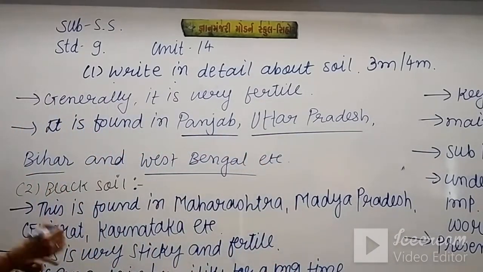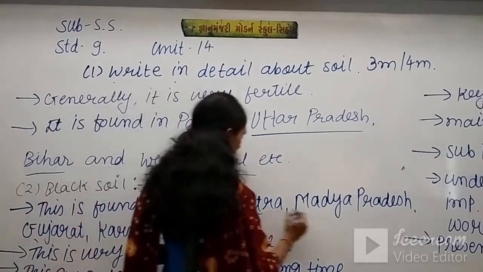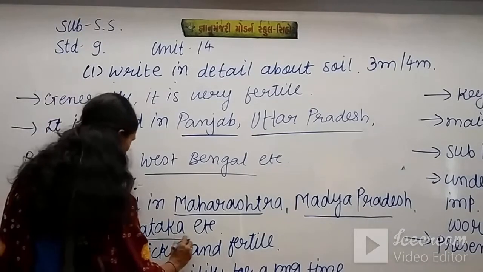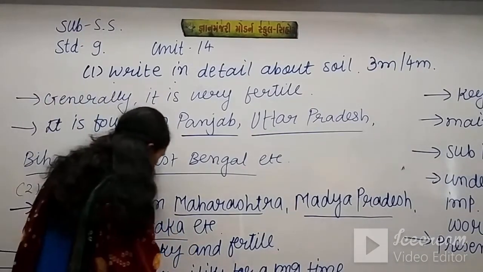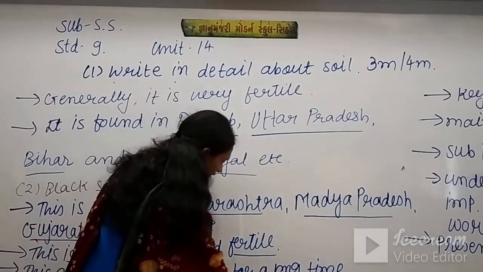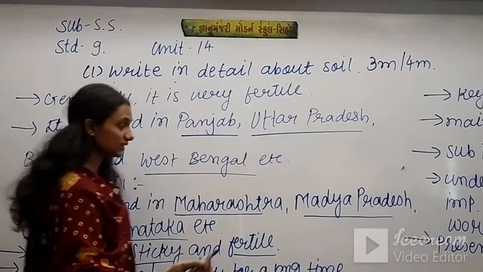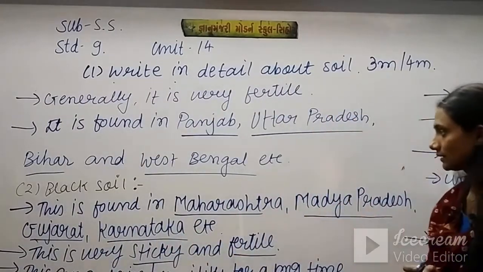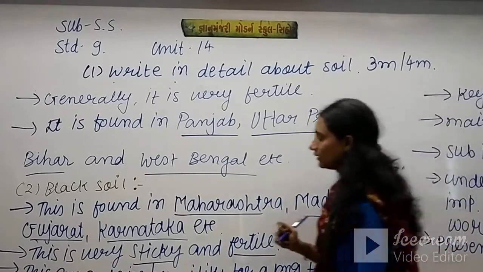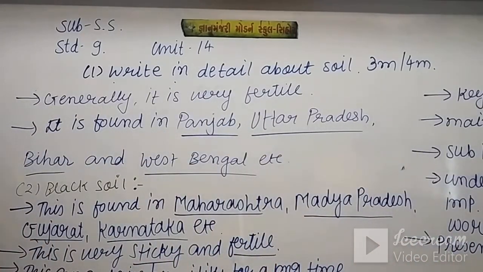Here our keywords are Maharashtra, Madhya Pradesh, Gujarat, Karnataka, and sticky and fertile, and humidity for a long time. This way you can underline keywords, and use a pencil while you underline them. Note this down, and this is how you have to write. Still we have that it is known as Regur soil and this is known as black soil.